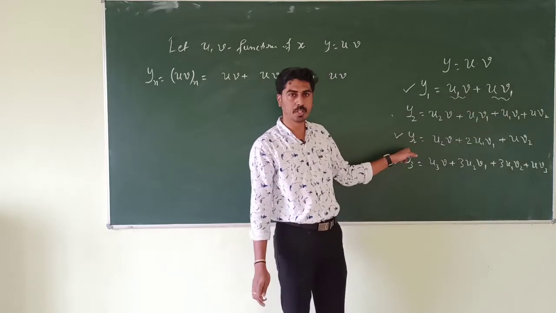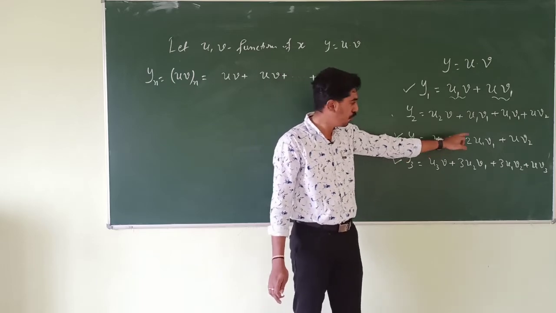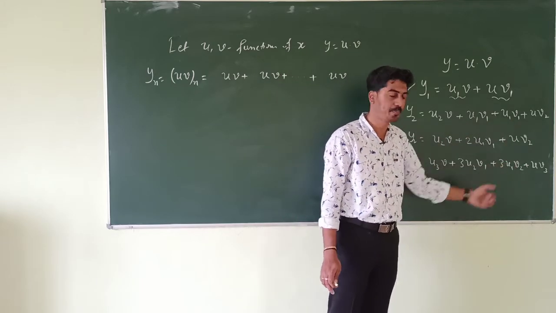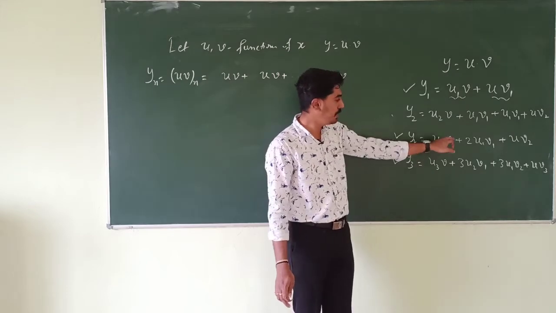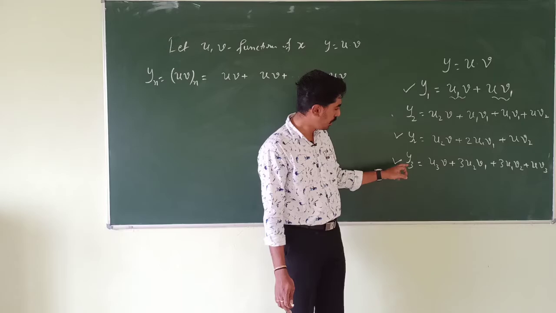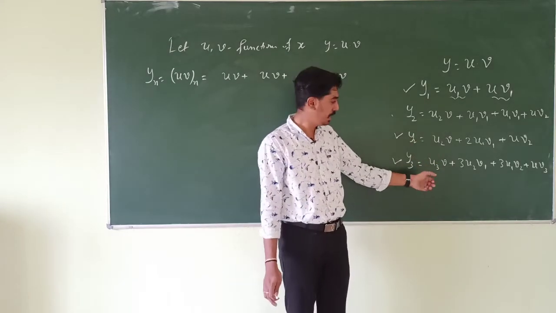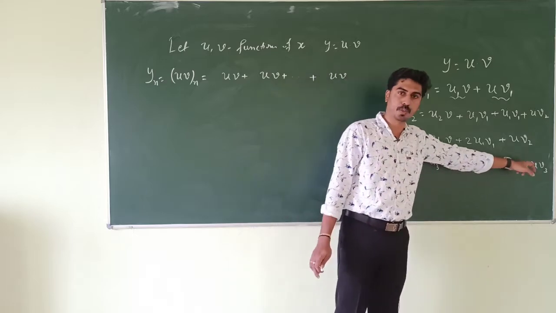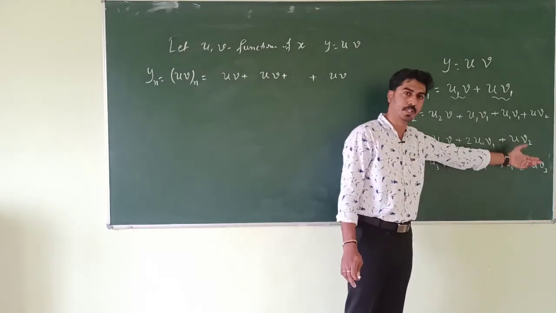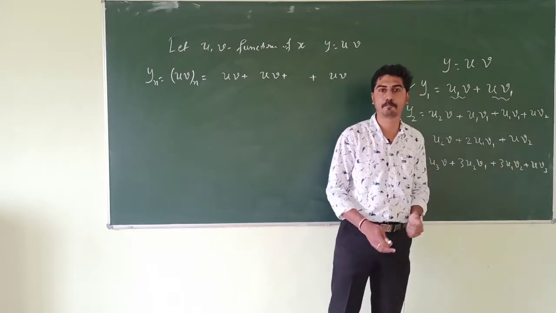For y2, the order of u starts at 2, 1 and 0. For v, 0, 1 and 2. For y3, the order of derivative of u starts at 3 and goes 3, 2, 1 and 0. For v, 0, 1, 2 and 3.